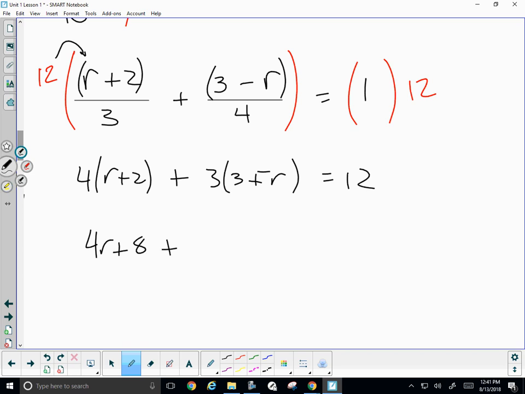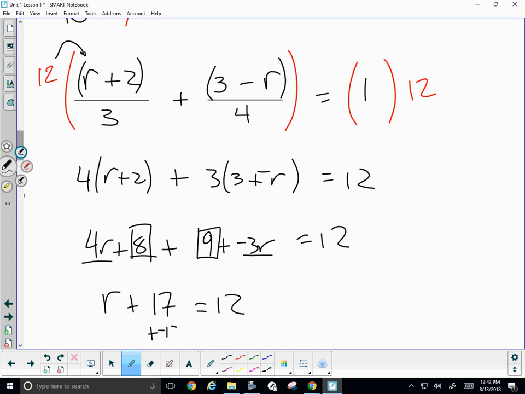Really quickly, distributing, combining, same side, combine. Same side, combine.